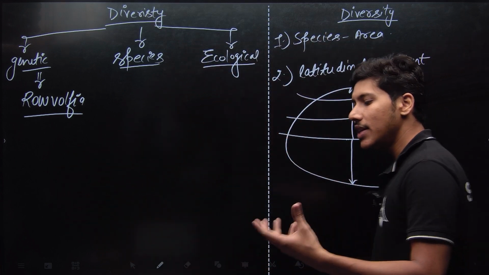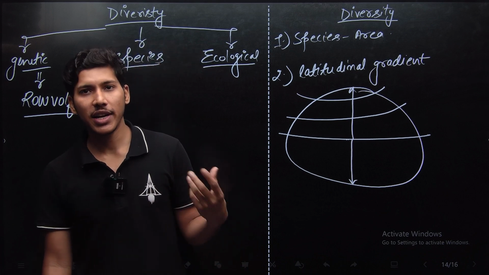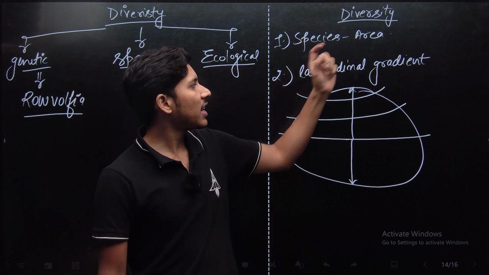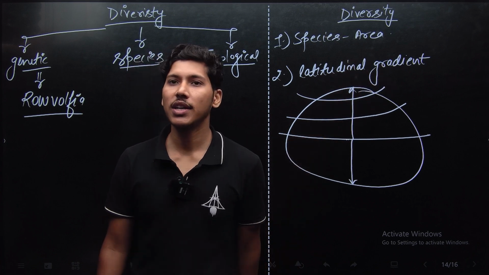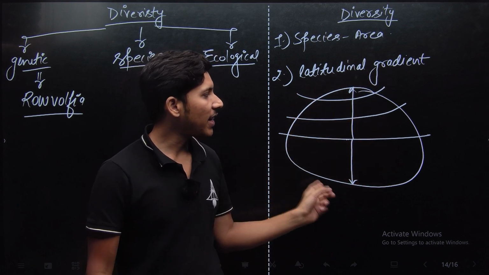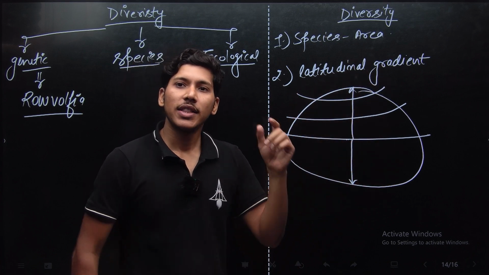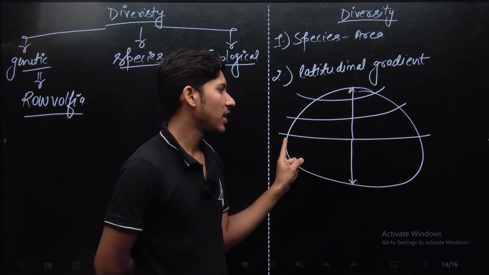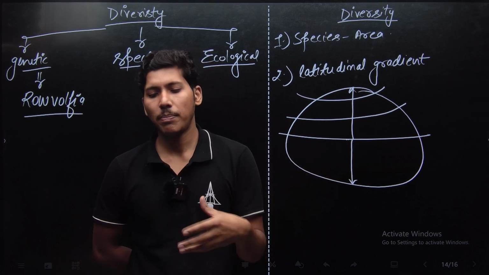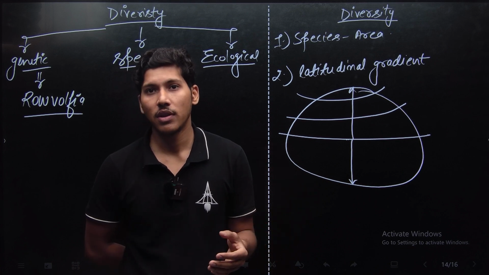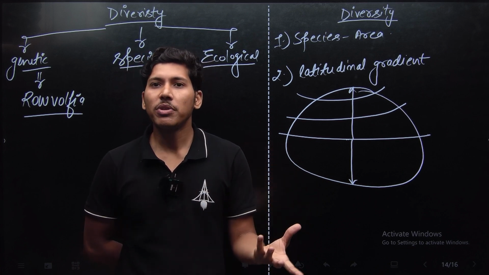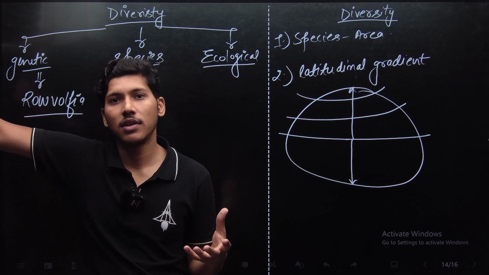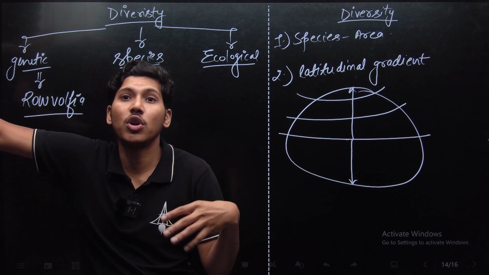Now, this biodiversity can be studied in two manners. One is species area relationship, another is latitudinal gradient. If we talk about latitudinal gradient, we know that most of the sunlight falls at the equator. And where sunlight is the most, it will be absorbed the most by plants, and plants will produce more biomass there.